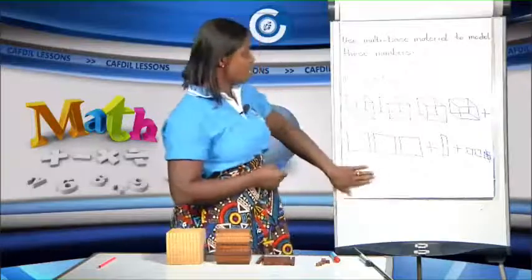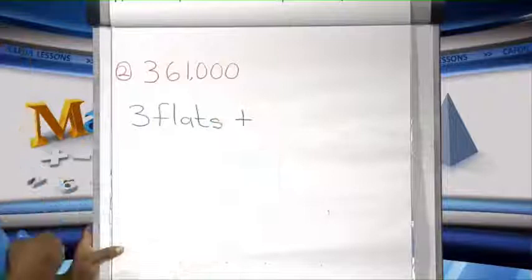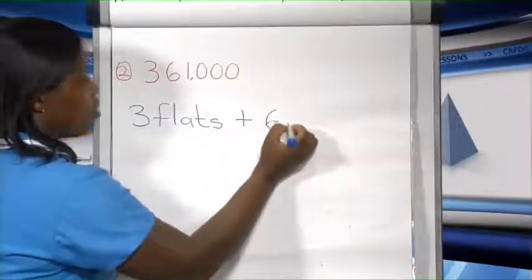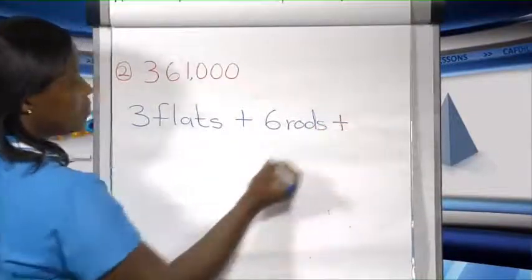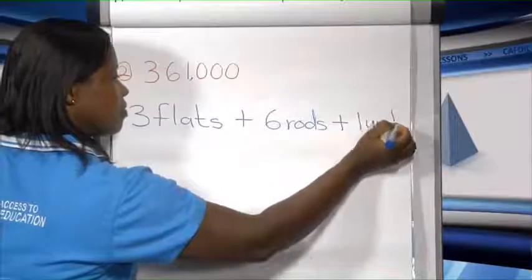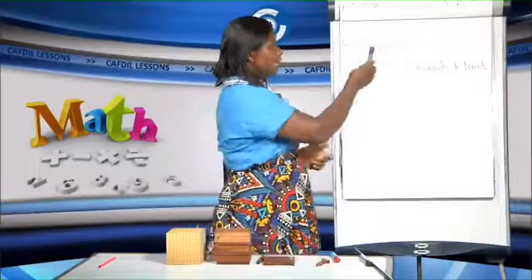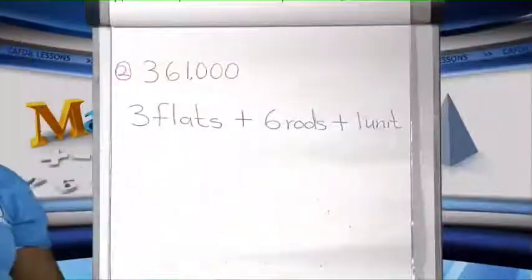I have another question over here. Plus 6 rods plus 1 unit. So this number can be modeled as 3 flats plus 6 rods plus 1 unit.